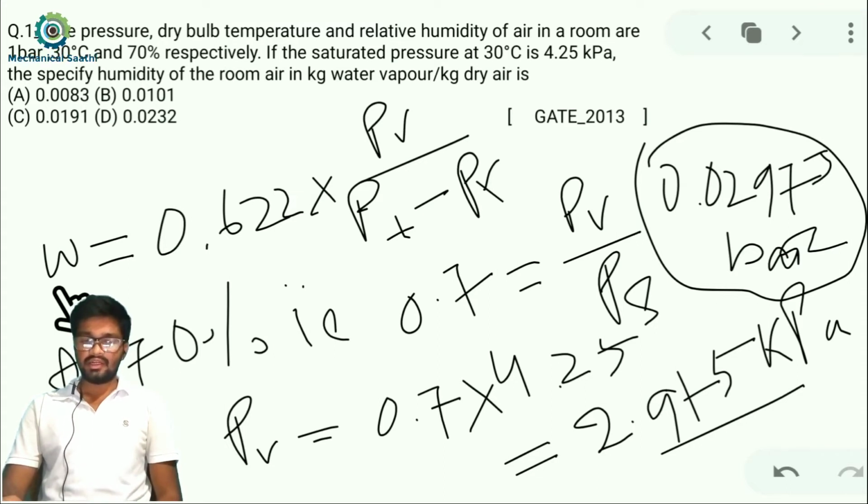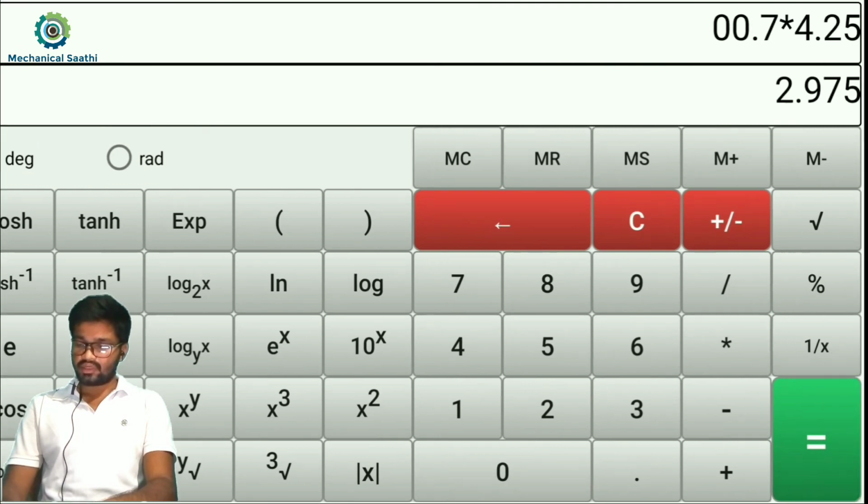Let me go directly to our scientific calculator and calculate this one. Let me clear it.